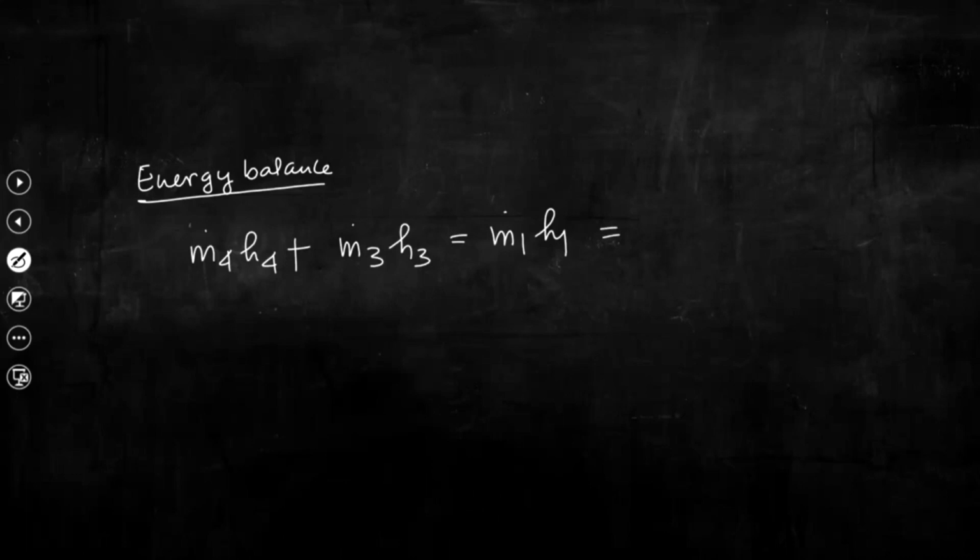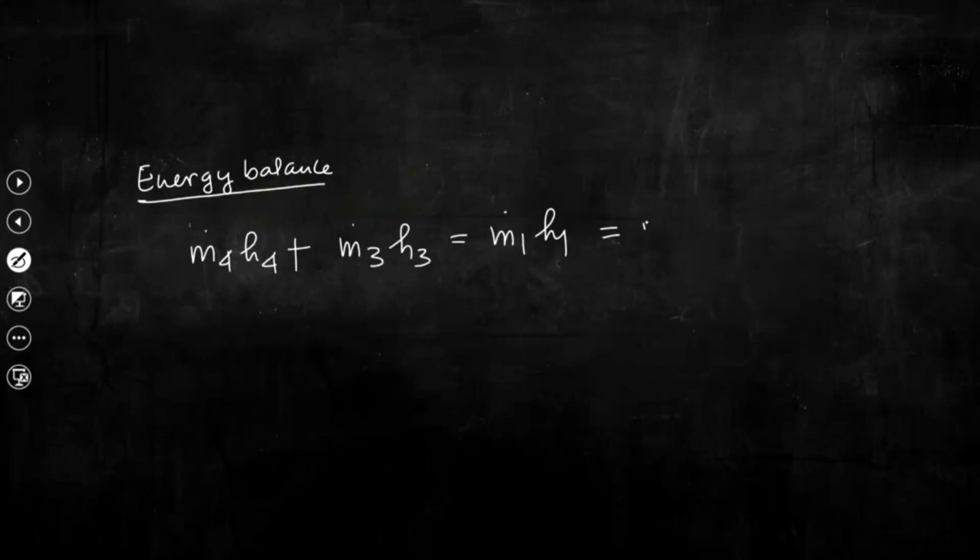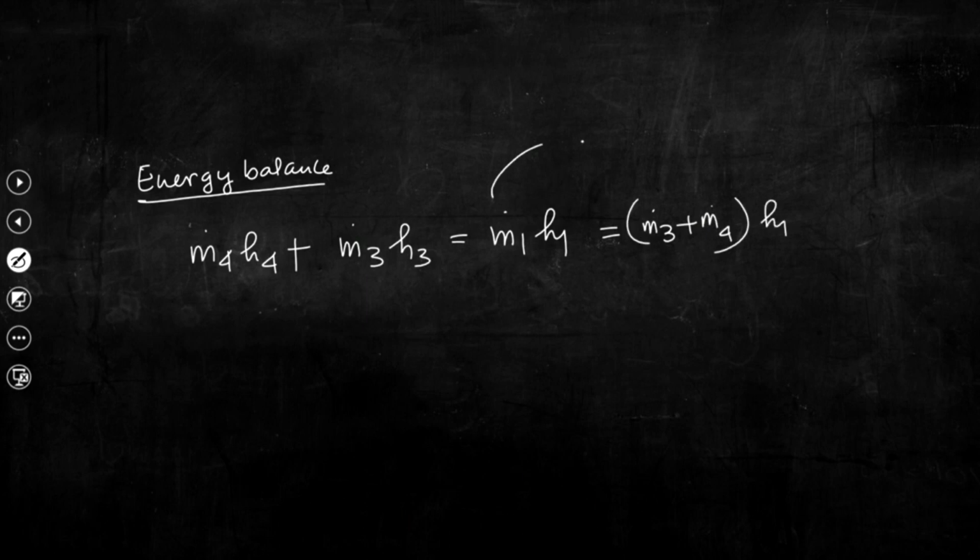Now, m dot 1, if we go to the previous slide, we can see that is m dot 3 plus m dot 4. So, this is m dot 3 plus m dot 4 into H1. So, this is what we can write here.